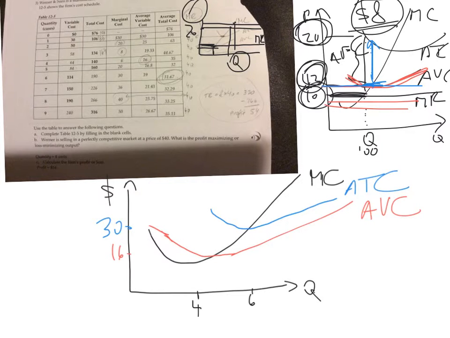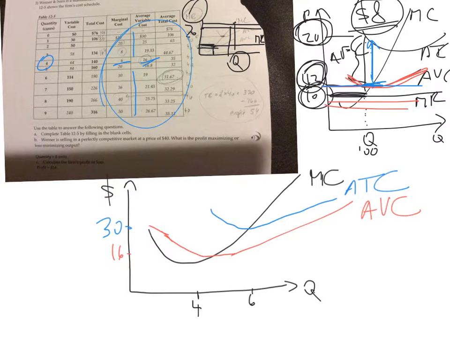I tried to sketch this roughly based on these numbers. This is the picture, right? So at the output of 4 units, the marginal cost is 6, and this is the lowest that we found the average variable. It goes down, and then it starts rising back up.